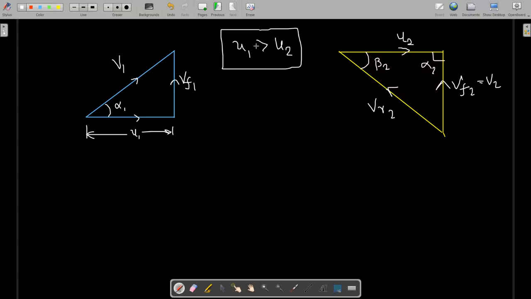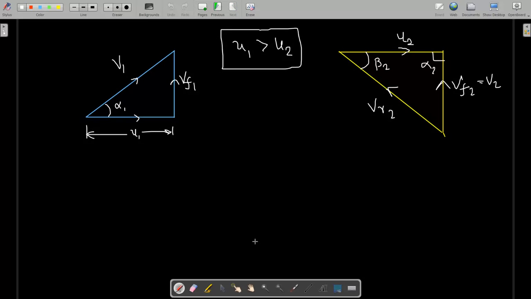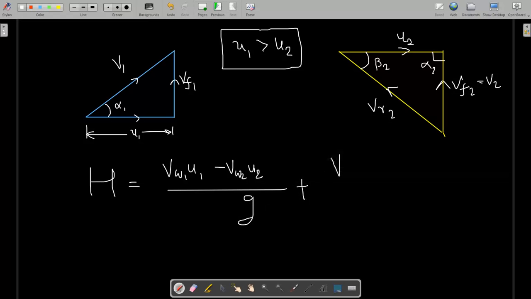Now which term will we require? V2. Okay, I'm writing the equation here again. Net head is equal to Vw1 U1 minus Vw2 U2 divided by g plus V2 square by 2g. Okay, now we have H, and we have to find U1 in terms of g, H and alpha 1.